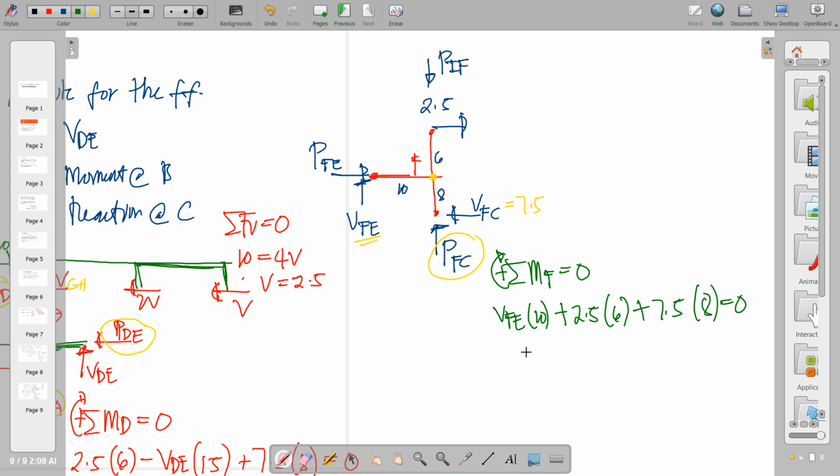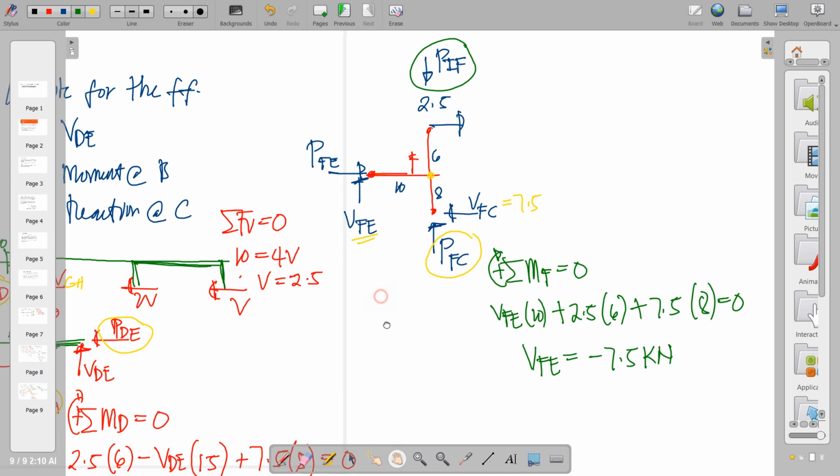Hence VFE is negative 7.5 kilonewtons. Okay. What else do we need? We need this PIF. Okay.